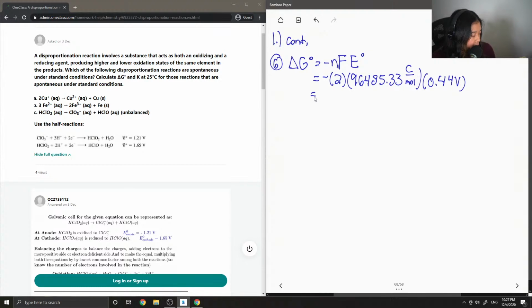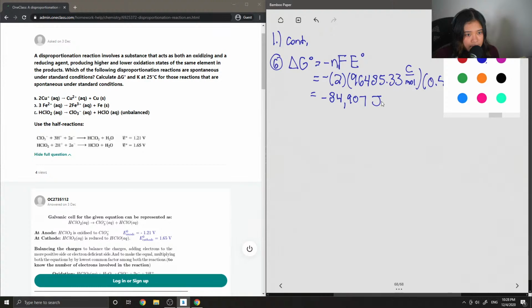Okay, so multiplying this out, we end up getting negative 84,907 joules. So the reason why we have joules as our units now is because joules is equal to volts times coulombs. So now we can just express it as joules, and then this is per mole.